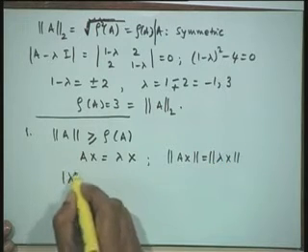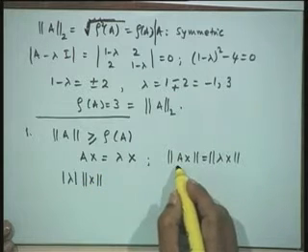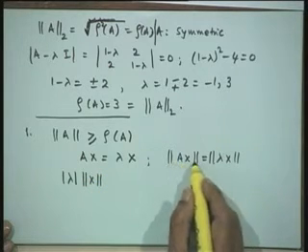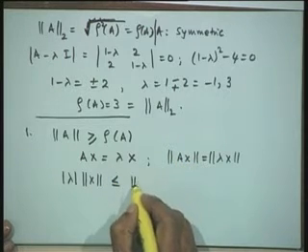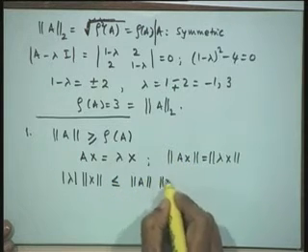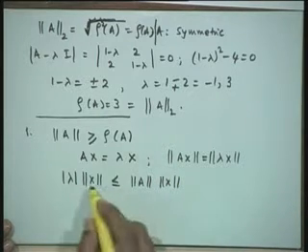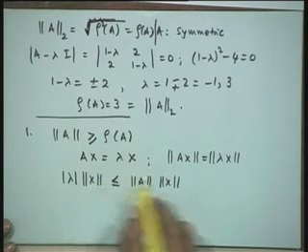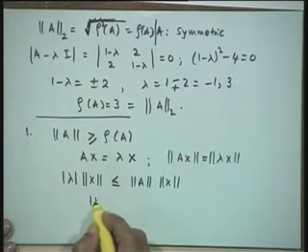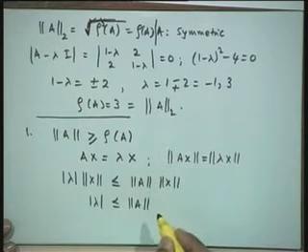That is magnitude of lambda norm of x. The norm of a product, norm of A into x, is less than or equal to norm of A into norm of x. Norm of a vector is a non-zero positive quantity, therefore, norm of x can be cancelled on both sides. Therefore, we have magnitude of lambda is less than or equal to norm of A.